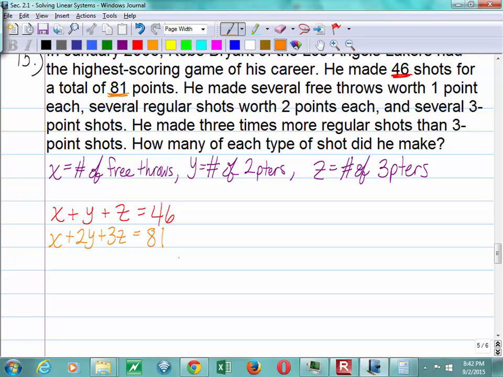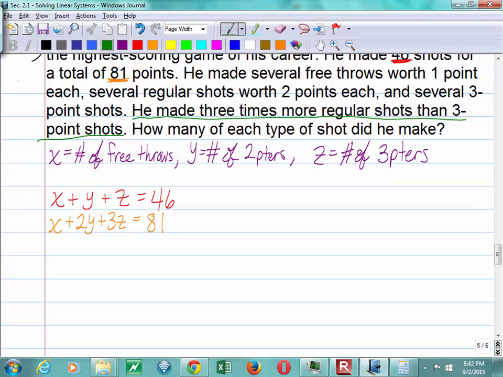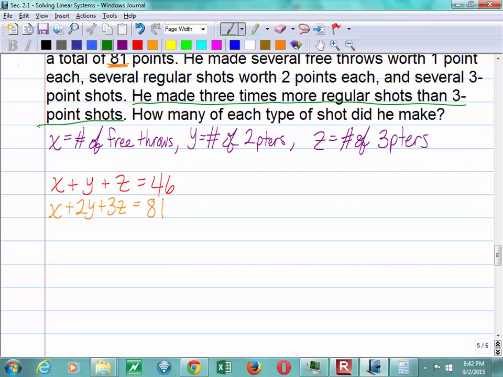Then the trickier one: he made 3 times more regular shots than 3-point shots. They're saying that he made 3 times more of the 2-pointers than of the 3-pointers. So we could say the number of 2-pointers, which is y, is equal to 3 times the number of 3-pointers, which is z.